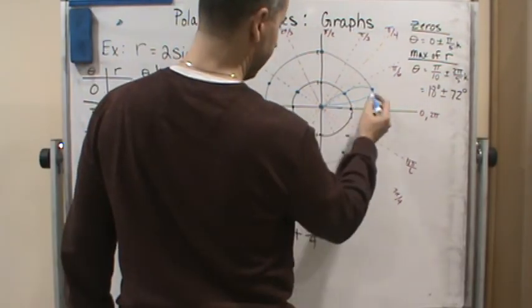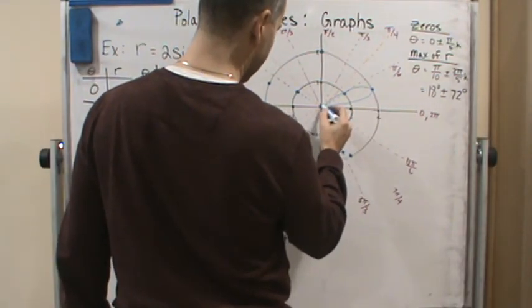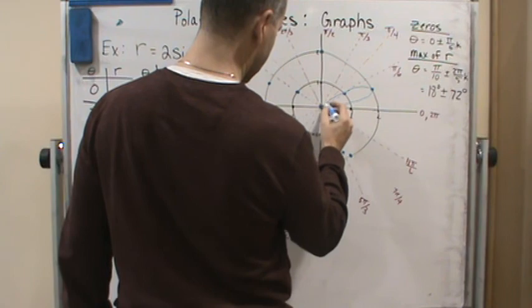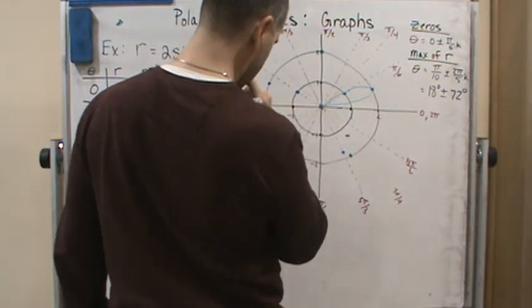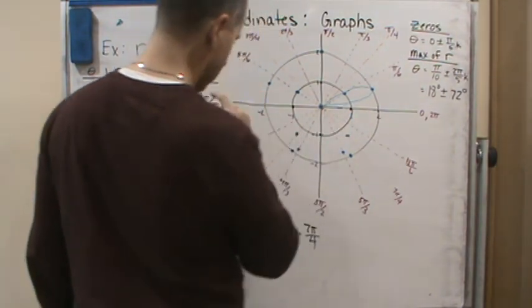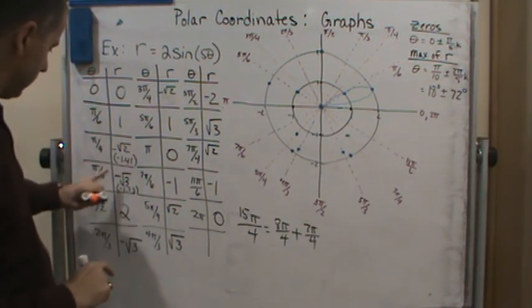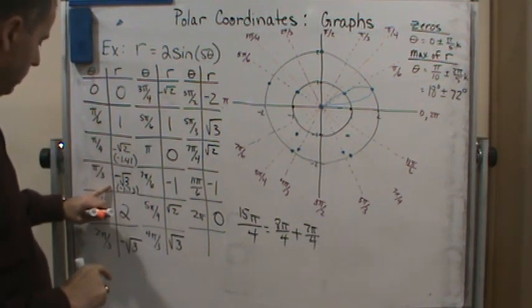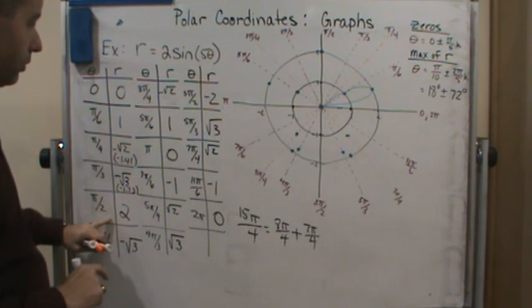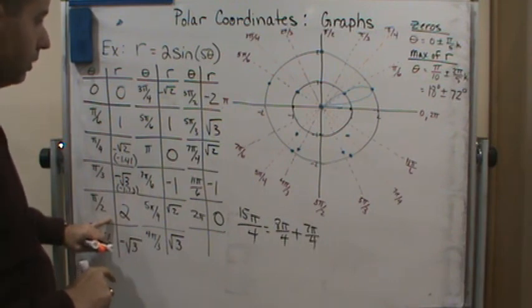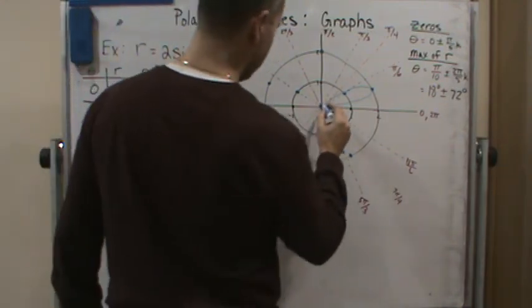So it's going like this, and then it's going this, negative, negative 2. So it's going to do something like this.